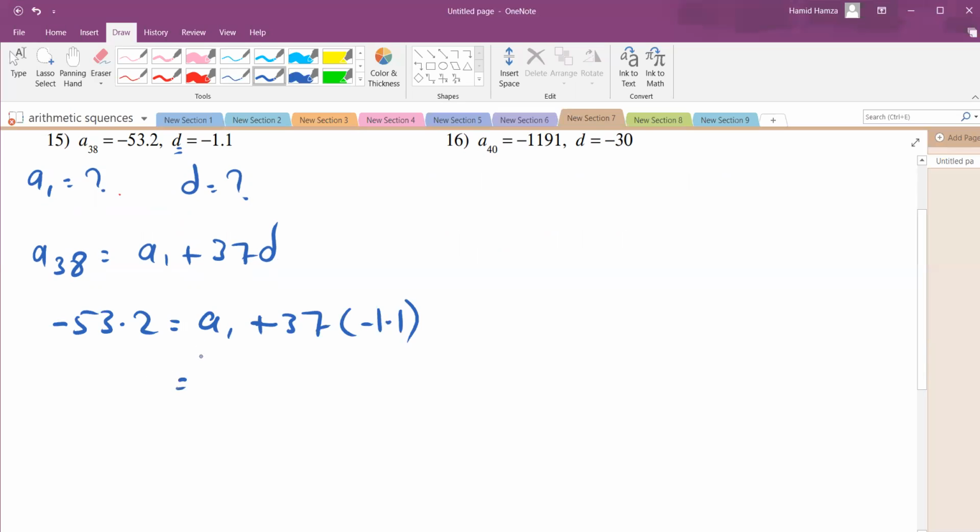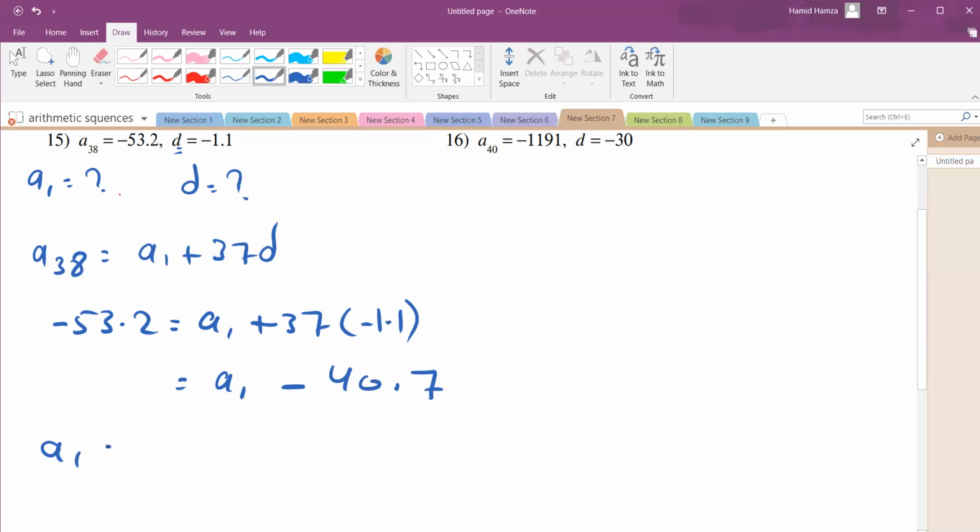So this part will be what? A1. And here we have negative. So multiply this, guys. So 1.1 multiplied by 37. What is the answer? I think 40.7. Take it to the other side.